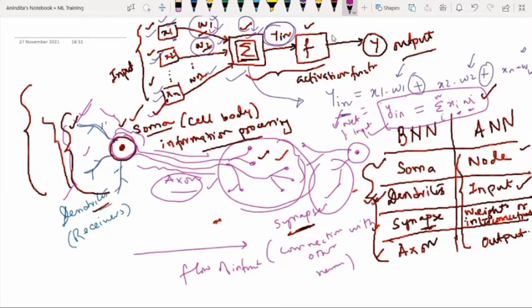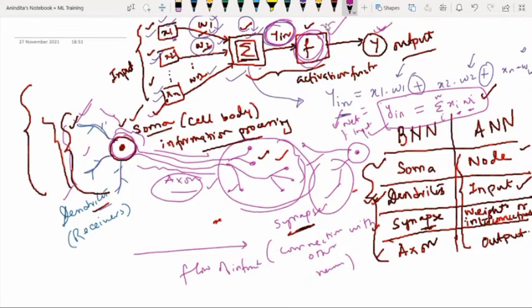Now see over here, the output y is calculated by applying some activation function on this net input. Whatever y in we are getting, on top of this y in a function is applied, and then only we are getting the output.